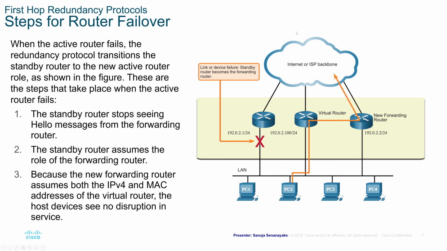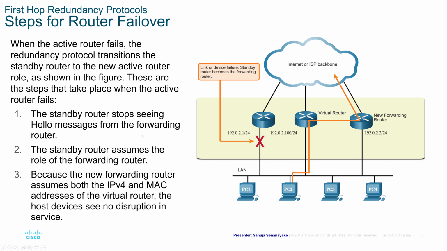On the right hand side, we have the redundancy created here with these three routers acting as one single virtual router. And we have a LAN with a few end devices connected, and the virtual router in between the LAN devices and the internet is being used to connect to the internet from the LAN side.